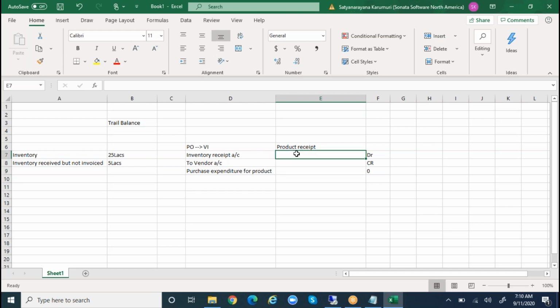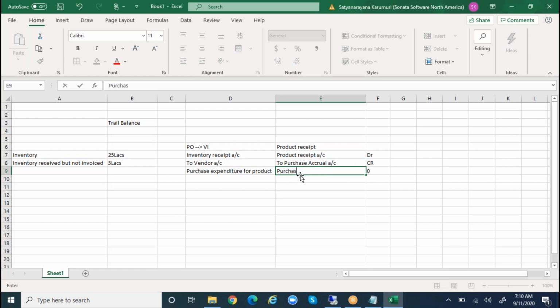Then it is product receipt account debit to purchase accrual account credit, and purchase expenditure uninvoiced 0.